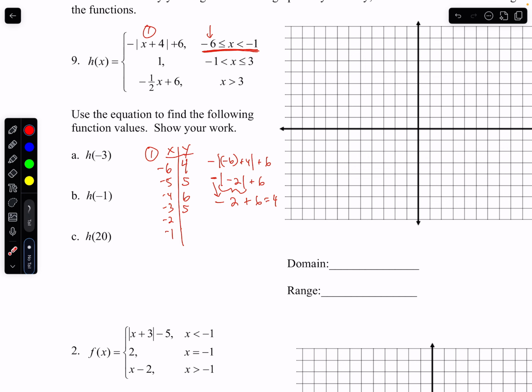Now we're going to plug in the -2. So I plug in -2 for x. -2 plus 4 is 2. Then times the -1, so it's a -2. And then -2 plus 6 is 4.